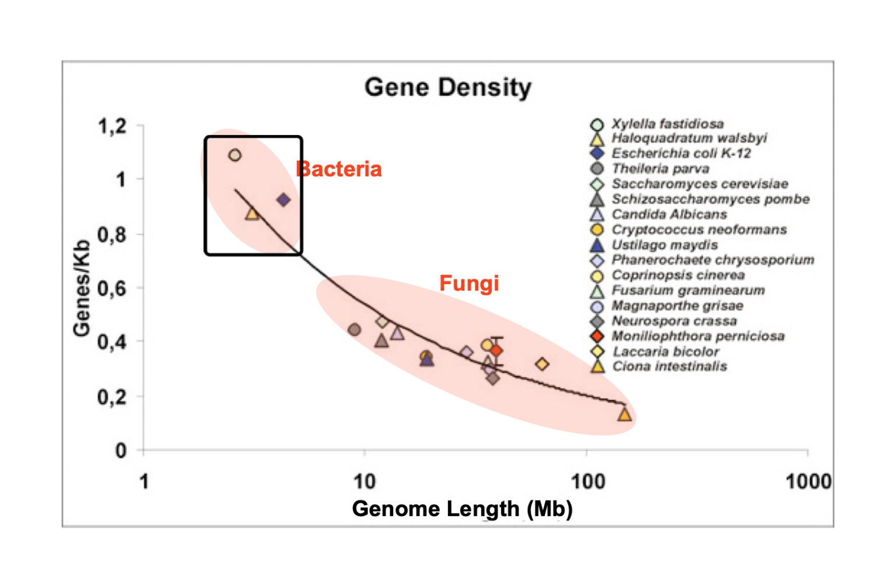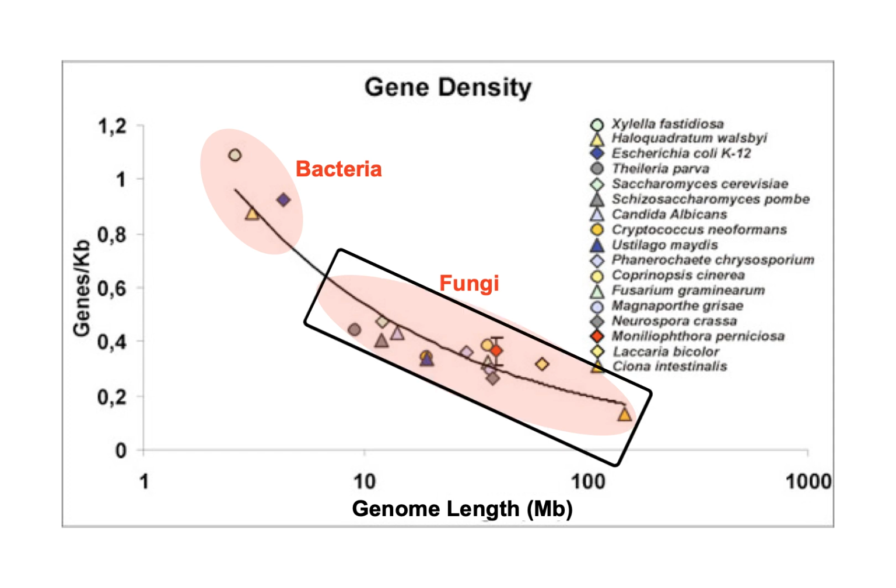Pretty much bacteria group in one location where the genes per kb range from about 0.8, a few are lower than that, up to about 1.1 or 1.2, no matter what the genome size is. But as you get out to eukaryotes, and this is just for fungi, you can see that relationship breaks down so that you can increase the genome size by quite a bit, and the density of genes generally goes down by quite a bit.